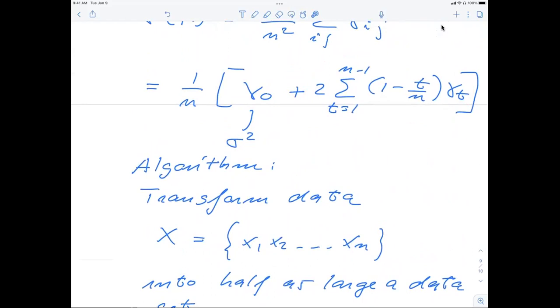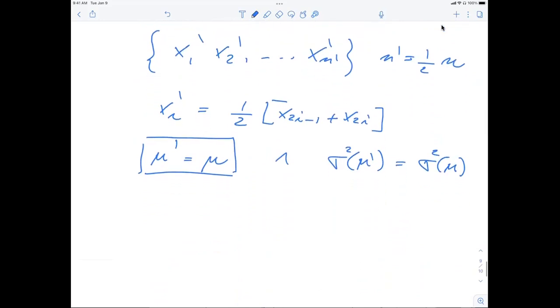And you can show mathematically, and this is what Marius Johnson did in his master thesis, that this actually reaches a saturation, this value here, by repeated divisions by 2 of the data set and making the kind of transformation which you see here.